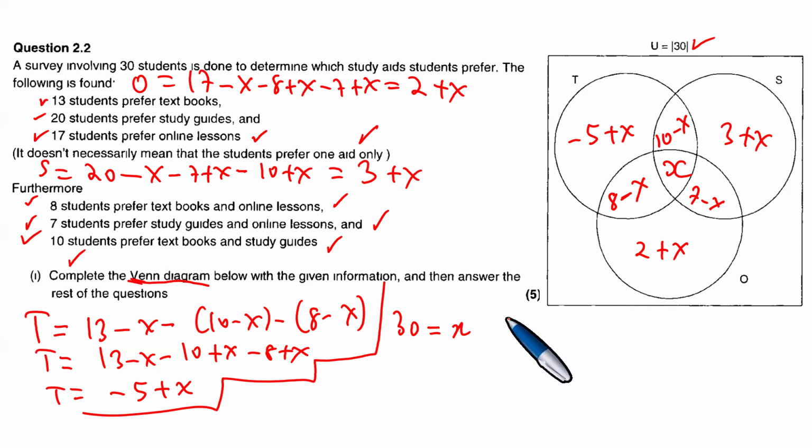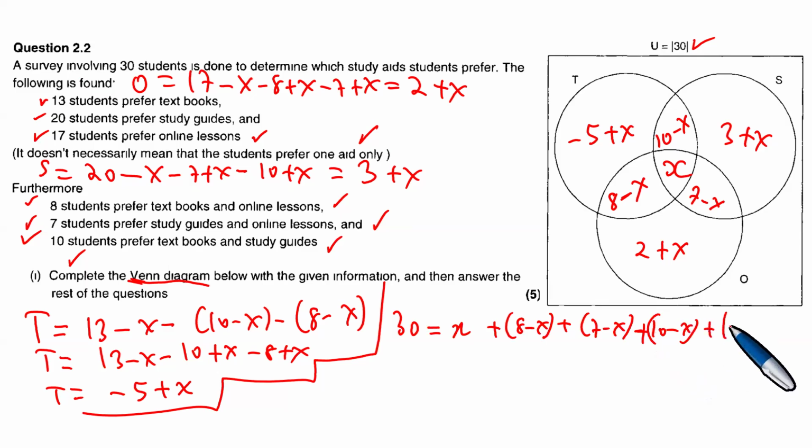We begin with x, and we add the following: 8 minus x, then 7 minus x, then 10 minus x, and then minus 5 plus x.